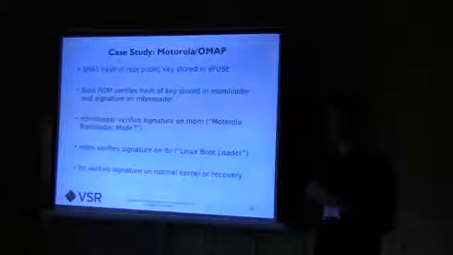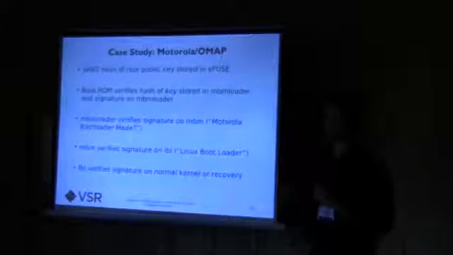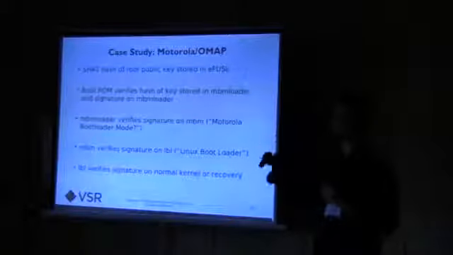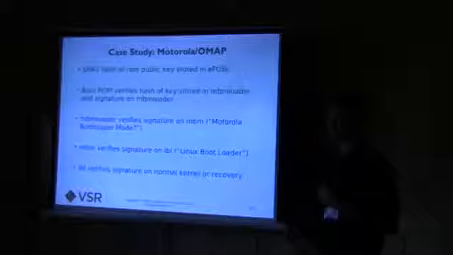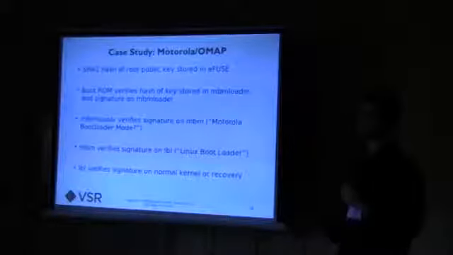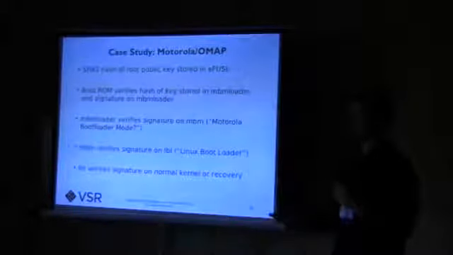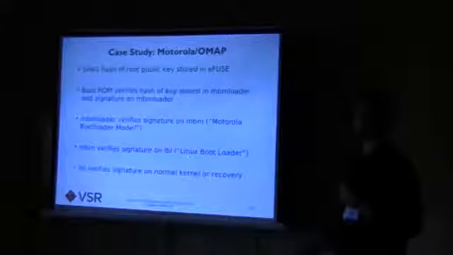So the basic idea is, as I said before, you've got hardware cryptographic verification of a root public key, and then every stage of the boot process is cryptographically signed and verified. So if at any point you flash code, if you overwrite any of the bootloaders or overwrite the kernel and it's not signed by the vendor, then it will just not boot. And that's not readable right now, but this is from the Motorola Milestone wiki, which I have a reference to at the end if you're interested in this.